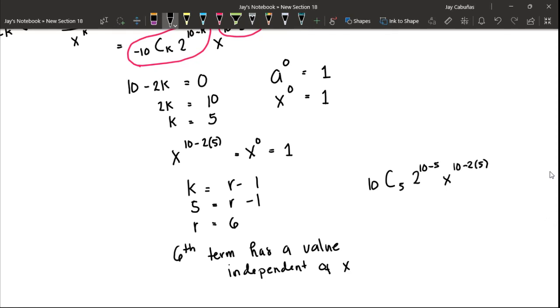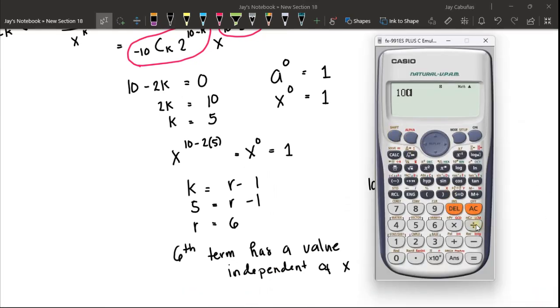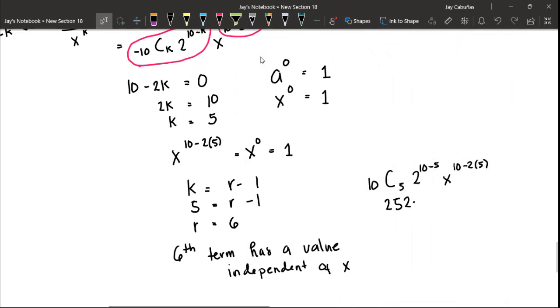So we have 10C5. That will give us, so we can use our calculators, 10 combination 5. That would give us 252 times 2 raised to the 5th power, 10 minus 5, of course, that gives us 5. Then x raised to 0.